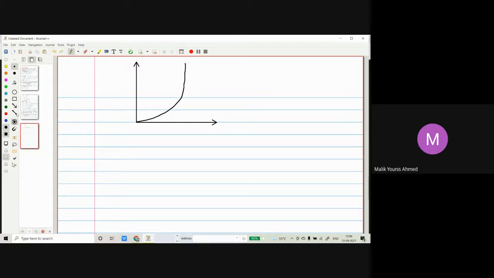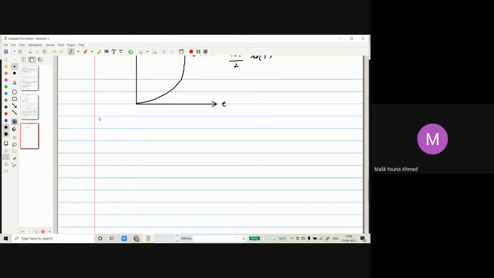So here r of t will be k t square by 2 into u of t, that is against the time t, and that is your input function. This you can derive. I will write the result only, I don't want to waste the time.